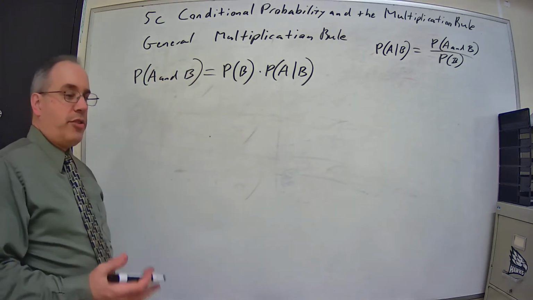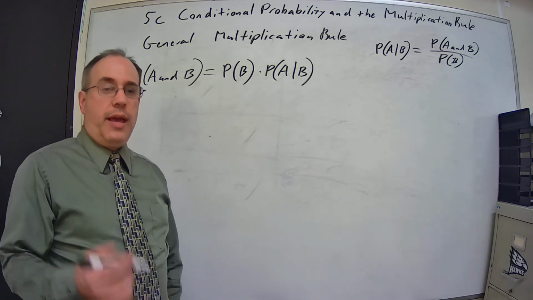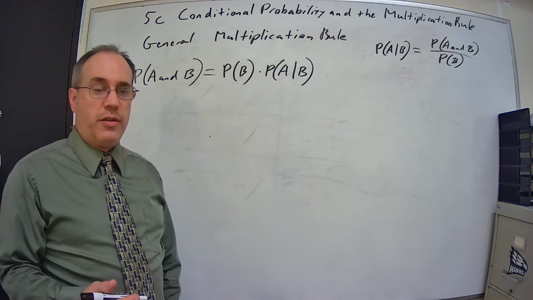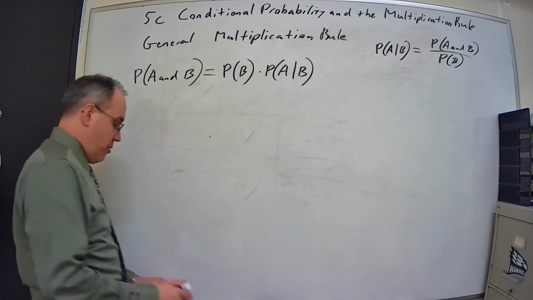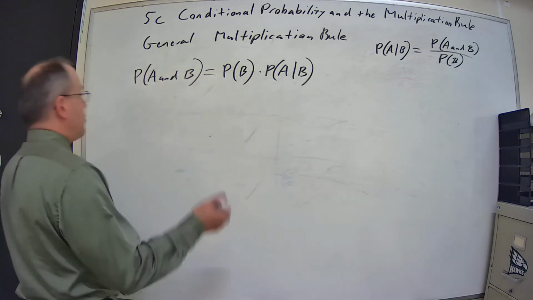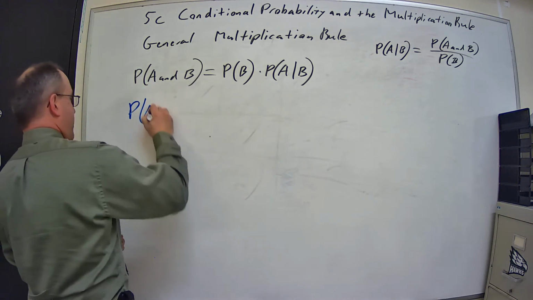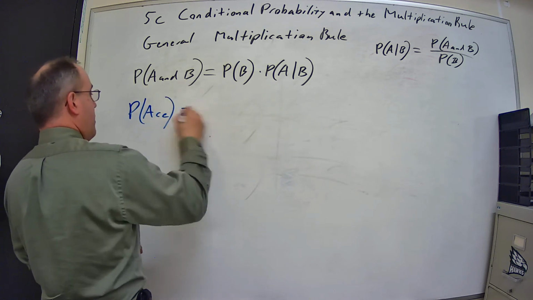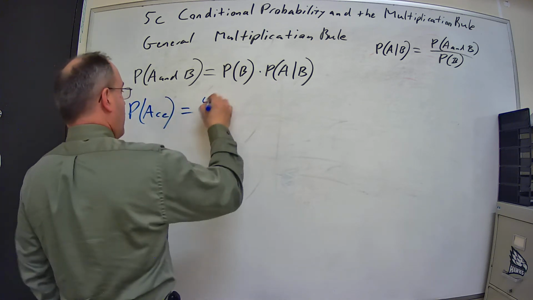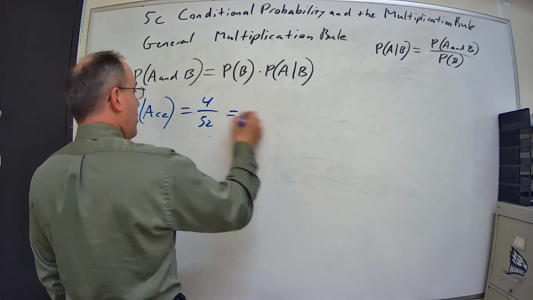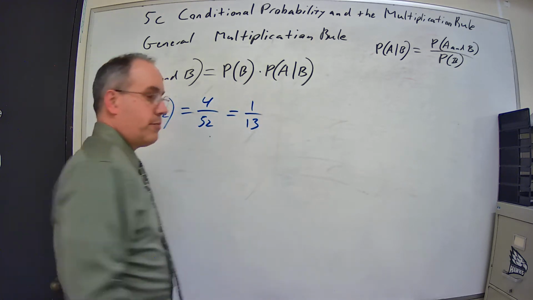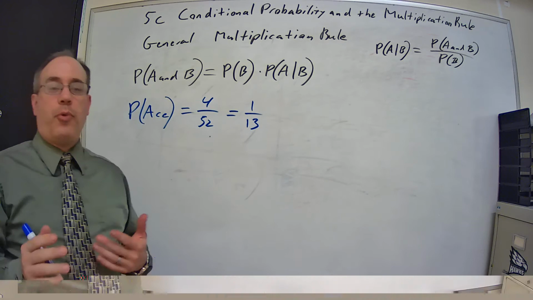Let's say I want to pull an ace from a deck of cards. The probability of pulling an ace from a deck of cards is equal to 4 out of 52 or 1 out of 13. That's the probability of pulling an ace from a deck of cards.